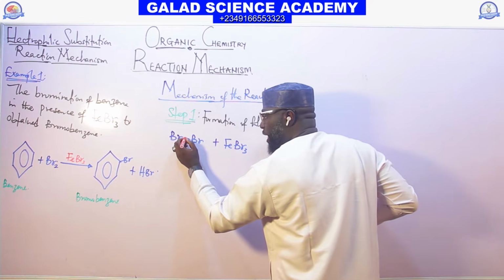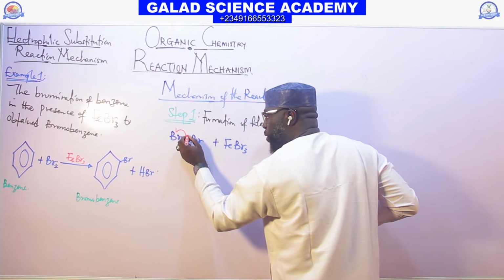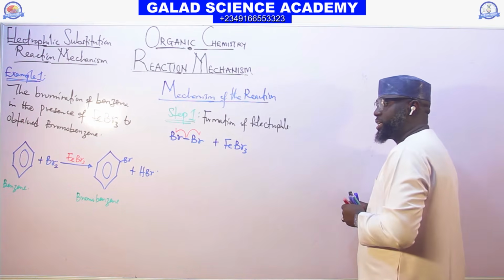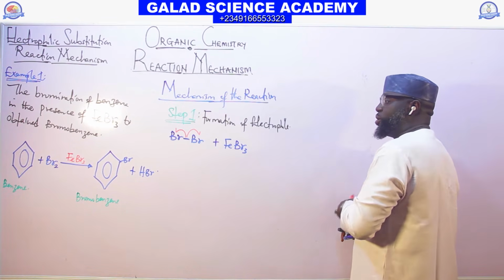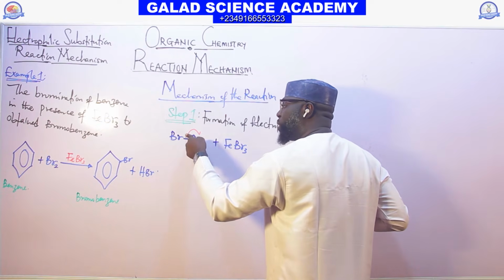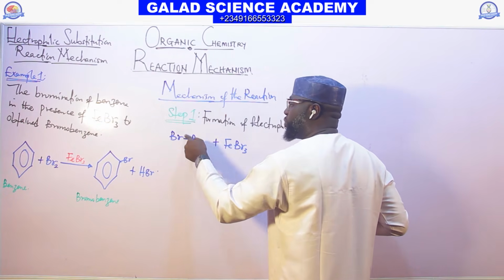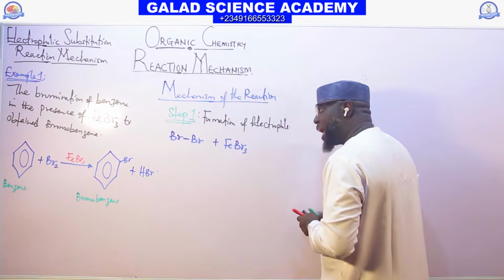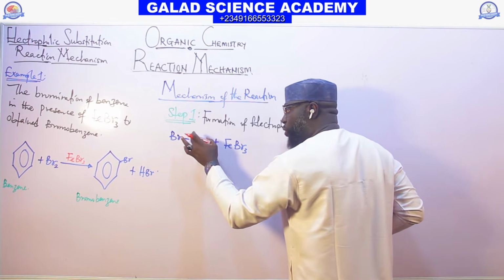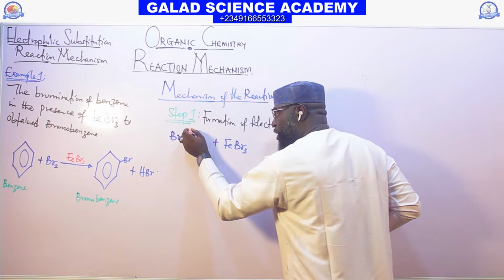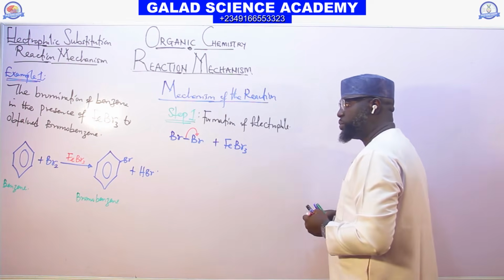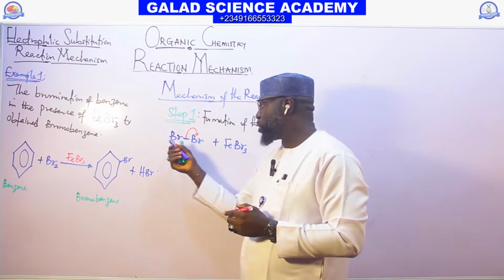So the one electron moves to this side and the one electron moves to this side. No, we are not dealing with homolytic. I'm dealing with heterolytic, which is nucleophile. The bond electron, we shift to this Br.